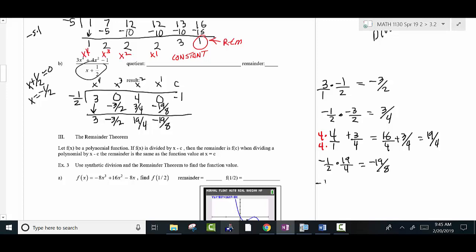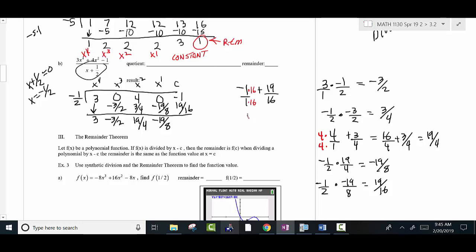Next step would be to multiply. So now we do -1/2 times -19 over 8. So that is 19 over 16. So that's what goes there. And then just deal with the arithmetic. So the last thing we're going to do is -1 plus 19 over 16. Put that over 1, get a common denominator.